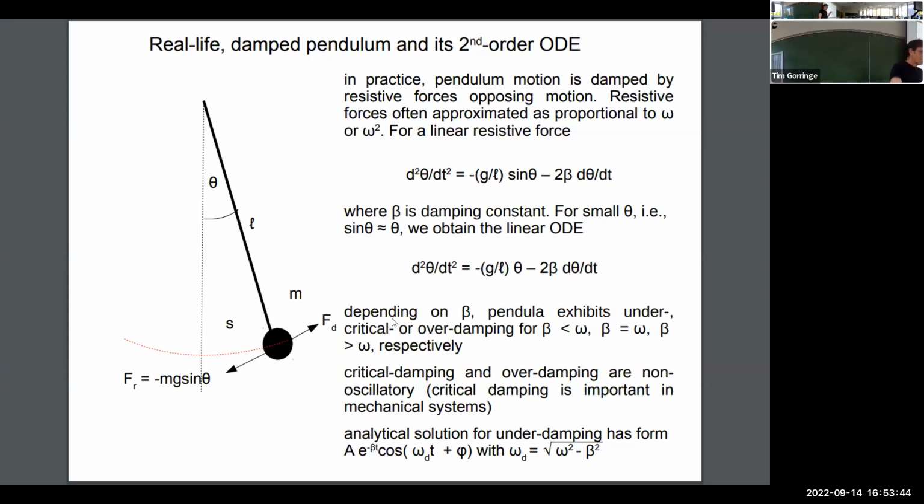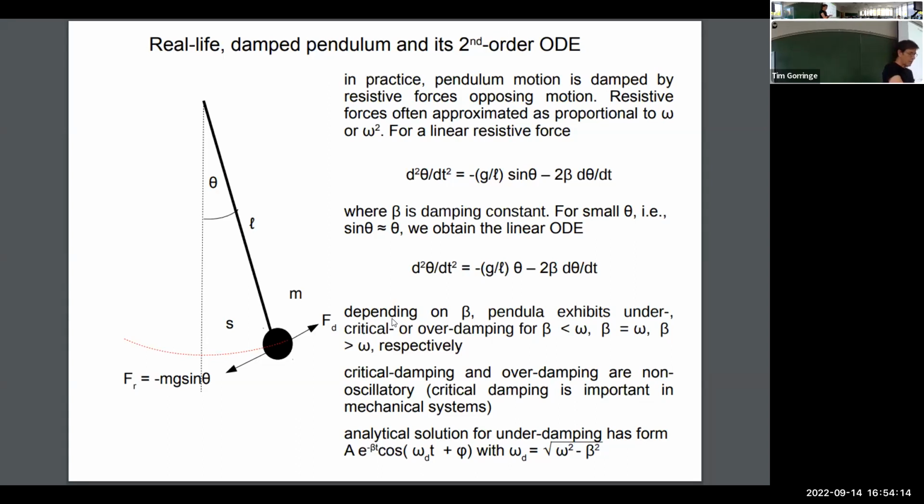There are 3 important categories of damping that are kind of interesting. And we call them underdamping, critical damping, and overdamping. And part of the reason for the 2 is that underdamping is when the damping constant beta is smaller than the natural frequency of the oscillator, of the pendulum.